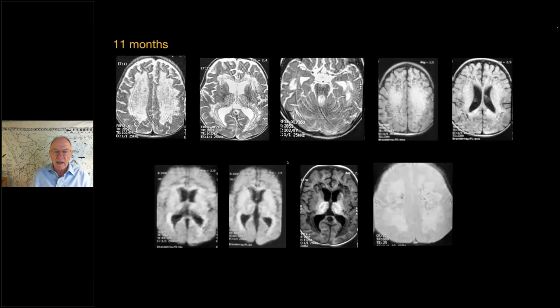Can you show that again? Okay, here. Should one think of RANBP2 mutation? Should one do that?